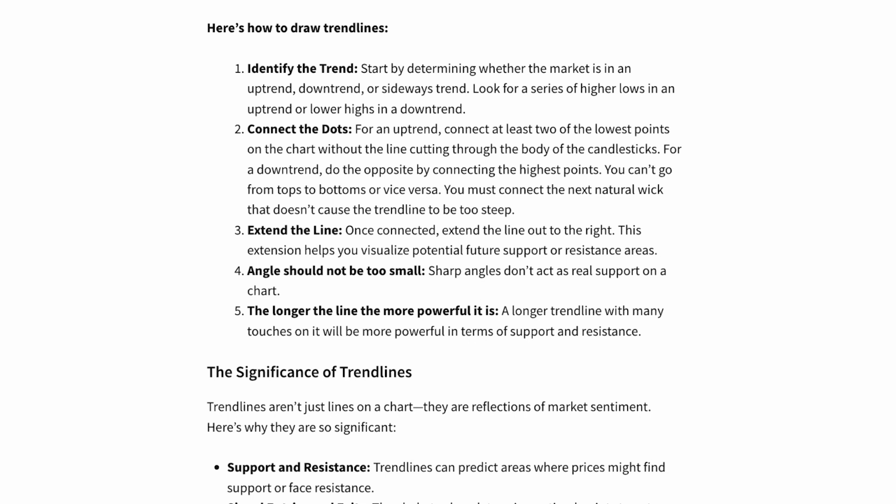And then in general, the longer the trend line, the more powerful it is. So a longer trend line with many touches on it can signify that it's a powerful trend line. And then when the price breaks out of that, that could be something to strongly consider. So let's jump back over to the whiteboard and look at some examples.